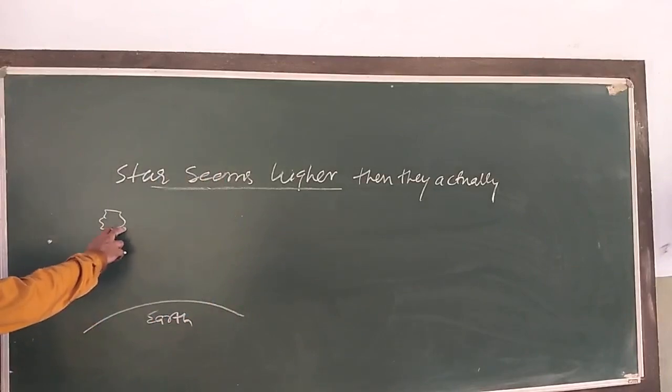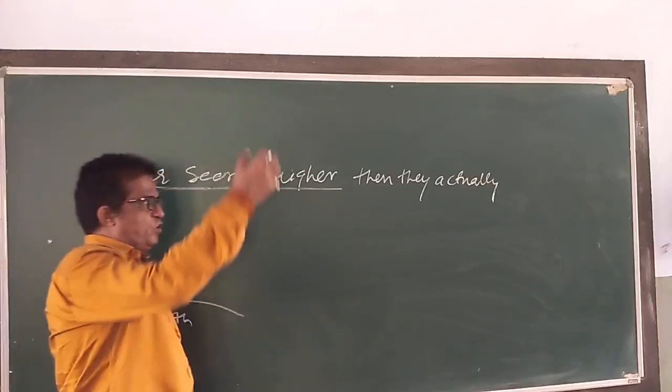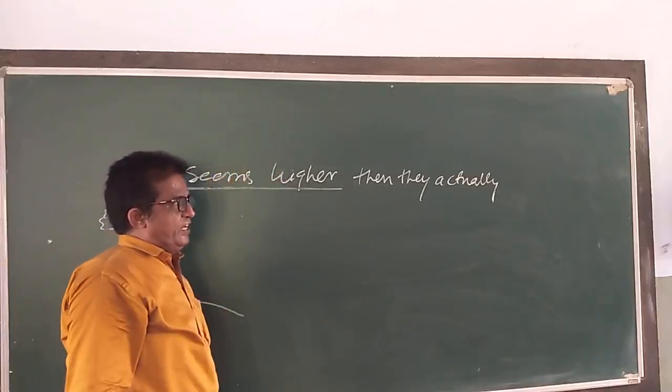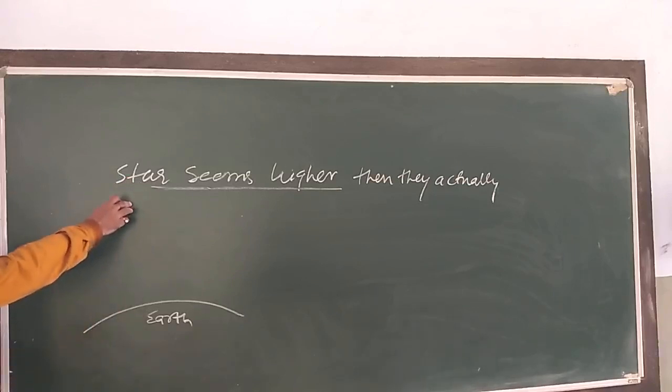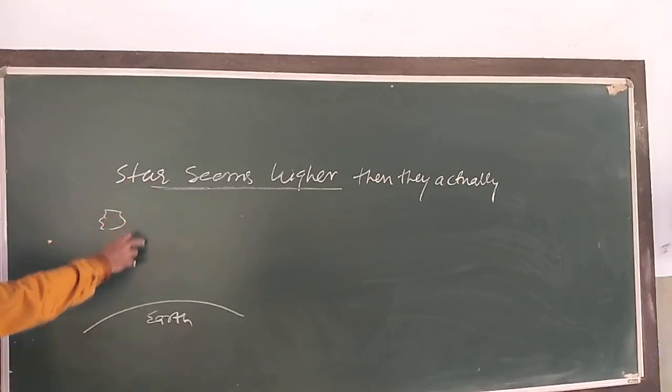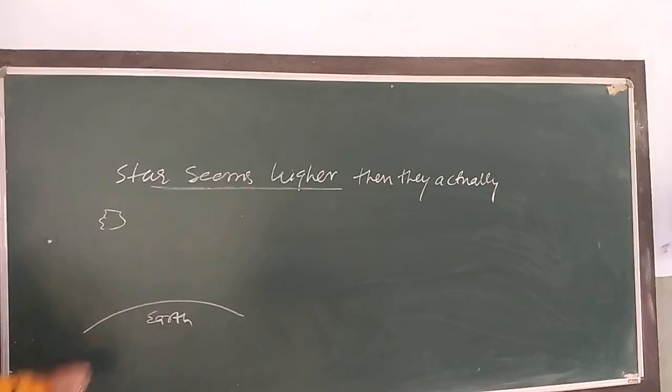The density of air increases towards the surface of the earth. As the light comes closer to us, the density of air increases. The light from the stars travels from the rarer to the denser medium.